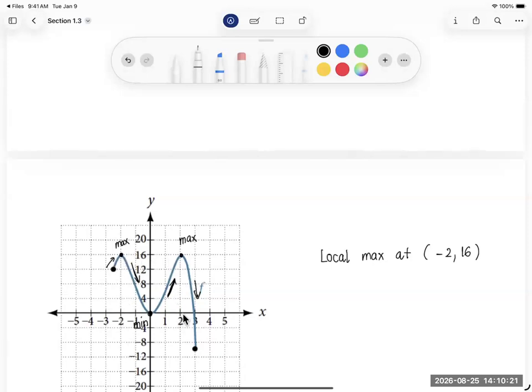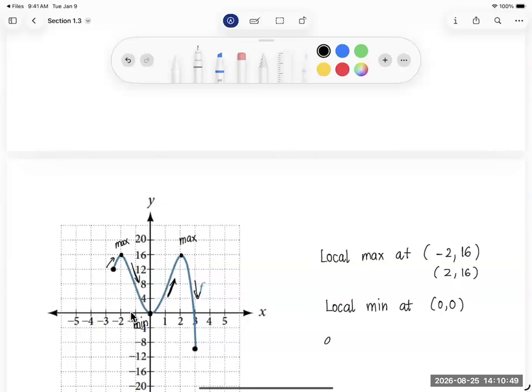And my other local max is located at x equals 2 and y equals 16. Now my local min is at x equals 0 and y is right on the x-axis, so it's equal to 0, because this point is right at the origin. So the local min is at 0, 0.